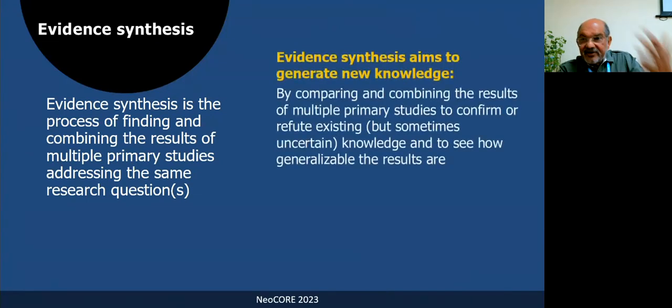What you're trying to do is generate new knowledge from what is already done to see, can we believe that what we are doing is correct? Or should we be doing something else? Or if there's something new, how much can we trust that this is actually going to help? So that's what evidence synthesis aims to do.